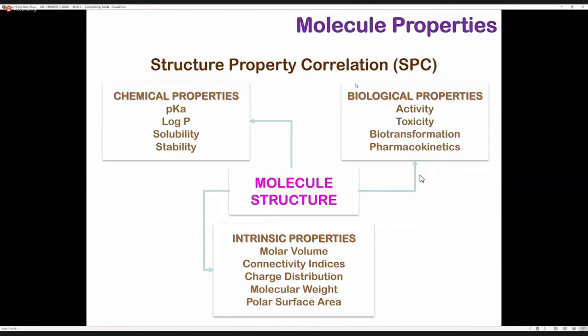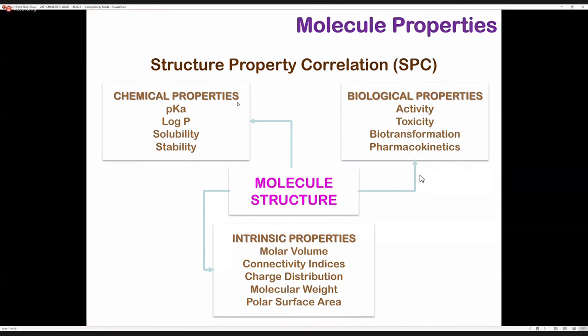So these are some of the parameters. For example, chemical properties: you can look at pKa, partition coefficient, solubility, stability, right? And then intrinsic properties like Hammett's constant later, such as molar volume, connectivity, charge distribution, molecular weight, polar surface area, and biological properties: activity, toxicity, biotransformation, pharmacokinetics.